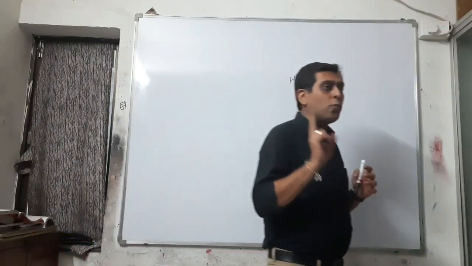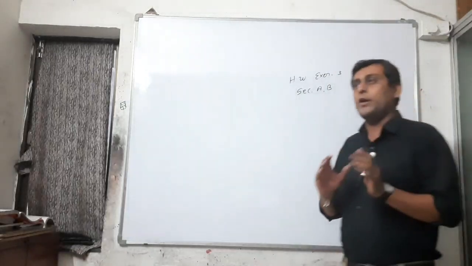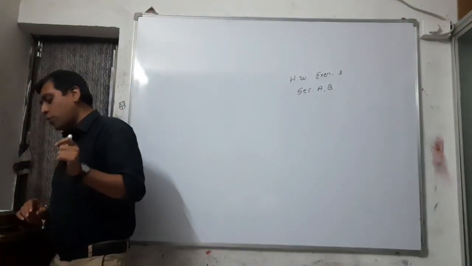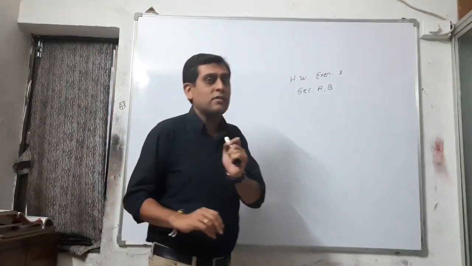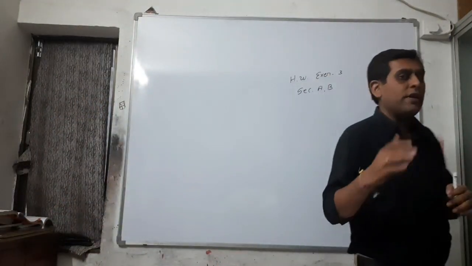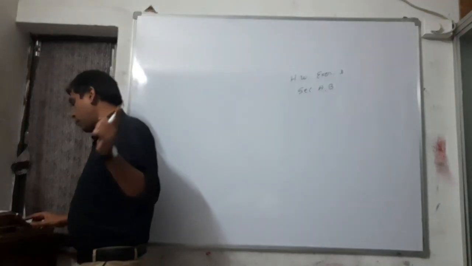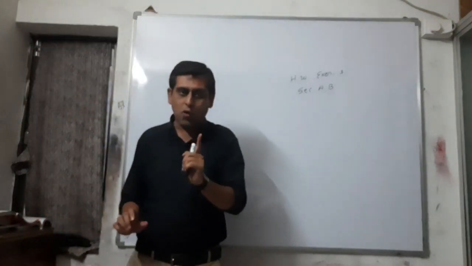This is a 2-point topic, but it is most important for MCQ as well as SQ. So you just have to read this, and I will explain it in my next lecture.